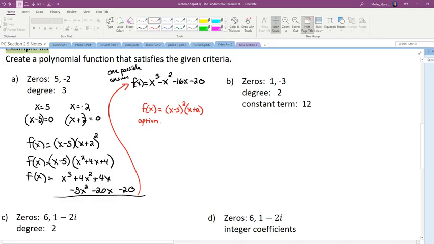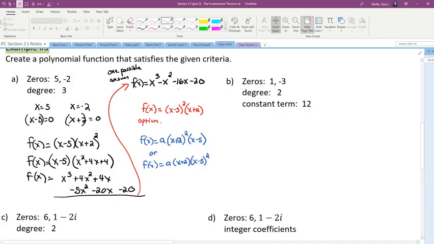The other options could be we do either of those two, but then we multiply it by a constant. So f of x could be something like a times x plus 2 squared times x minus 5, or f of x equals a times x plus 2 times x minus 5 squared.